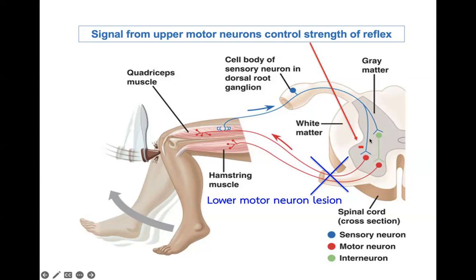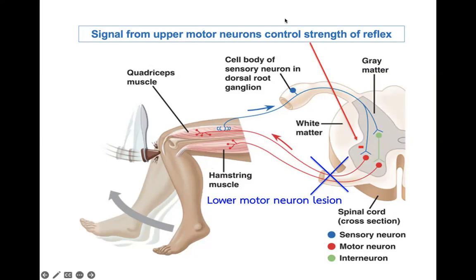For example, without the signal from the brain, when you do this knee jerk, you probably kick the leg super strong. But in a normal situation, you have some kind of control from the upper motor neurons, or from the brain, that calms down or inhibits the strength of this knee jerk, so you respond in a normal range.